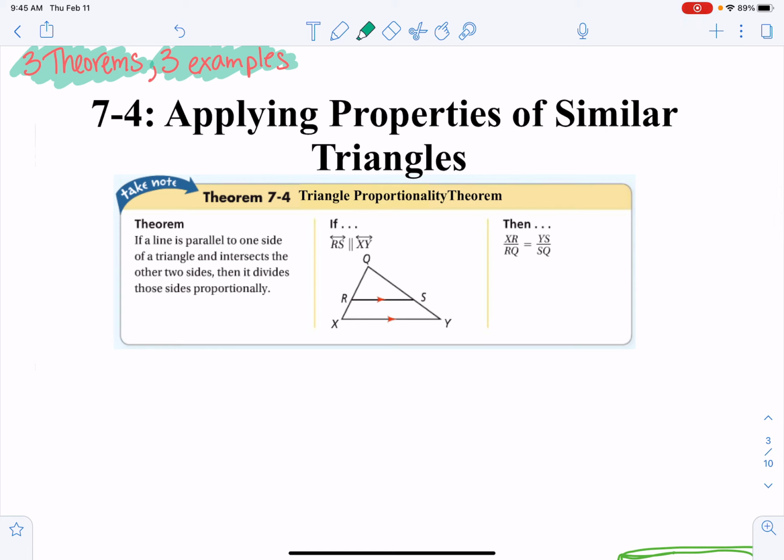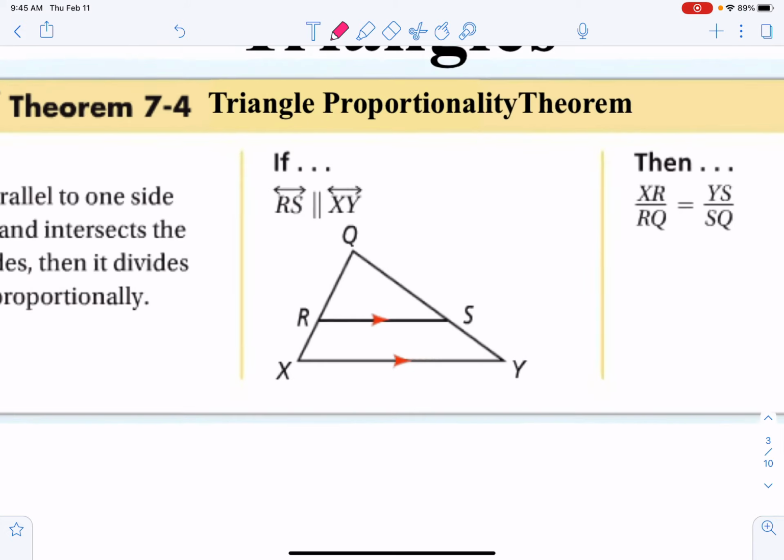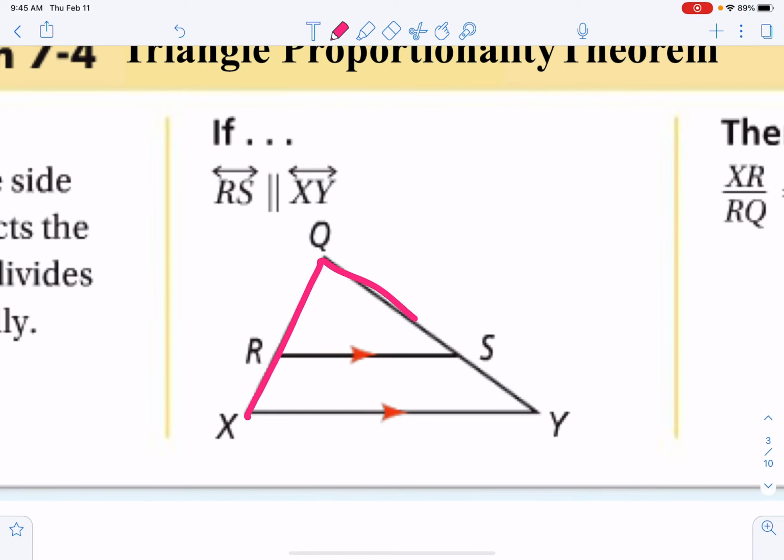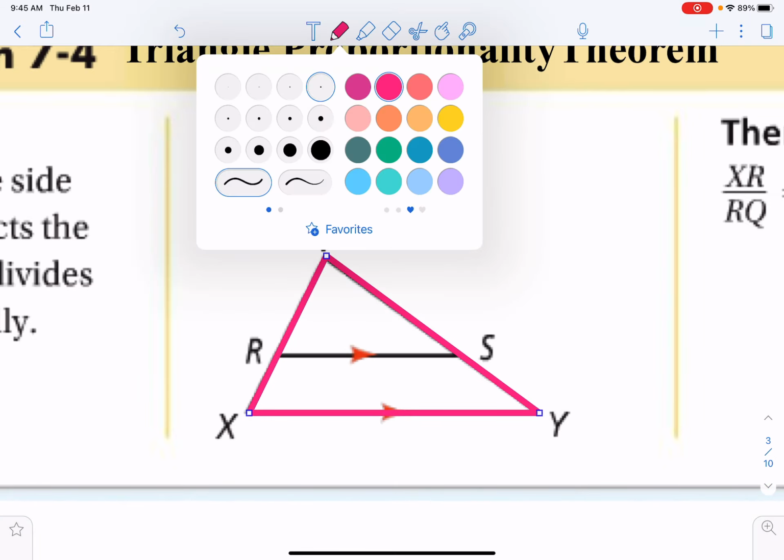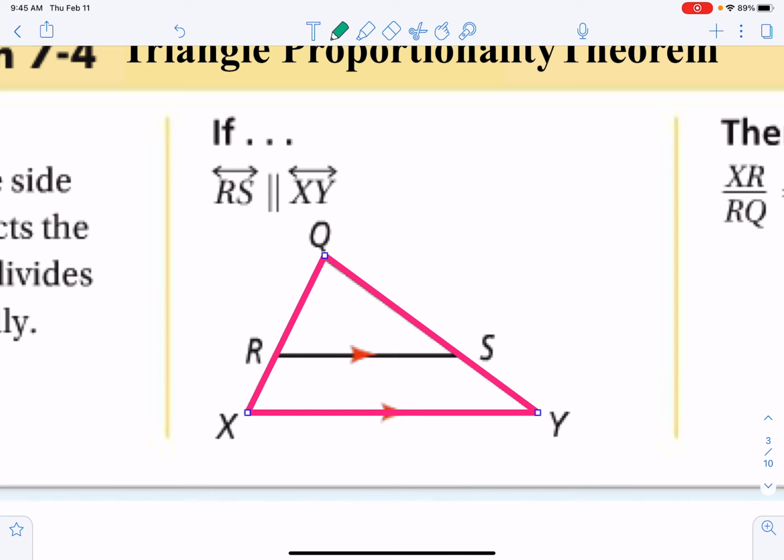7.4, applying properties of similar triangles. The first property says that if you have a triangle within another one, so here's this big one, and then this green one is inside of it. These obviously have the same angle right there.